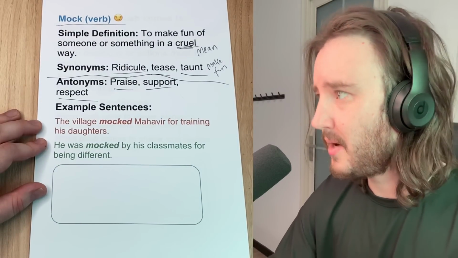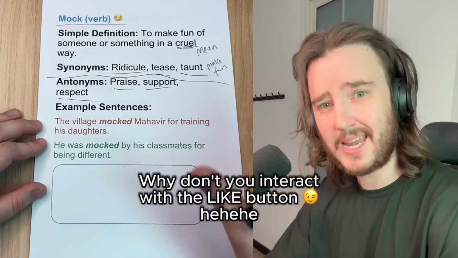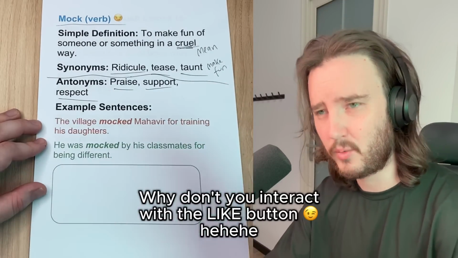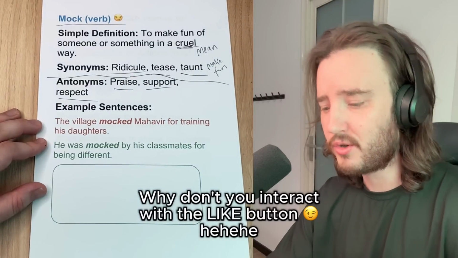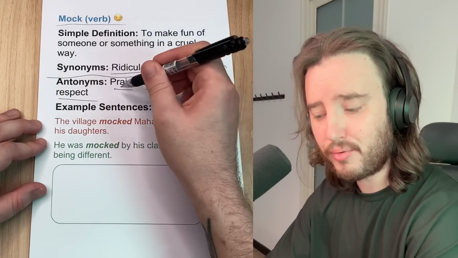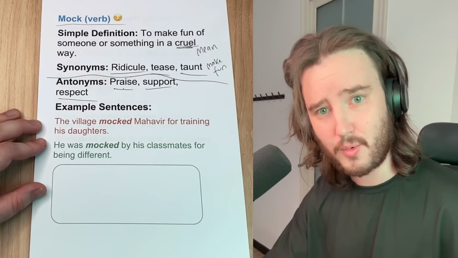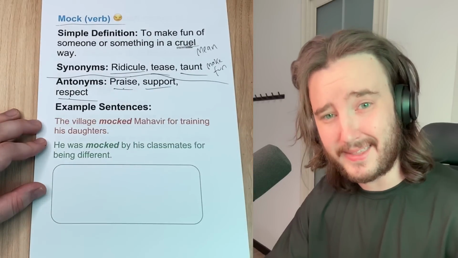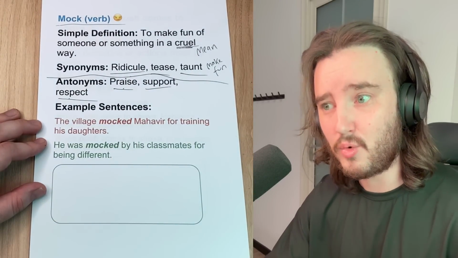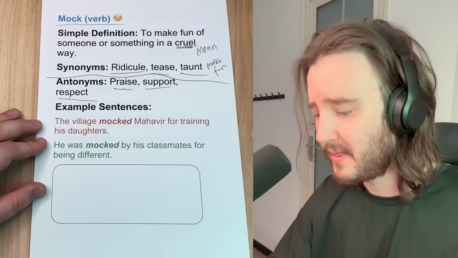These are all really positive ways of interacting with someone, right? When you're talking to them, when you are hanging out with them, if you praise them, you say good things about them. If you support them, then you help them. If you respect them, then that's a sign that you care about what they think and you value who they are and what they think, right?